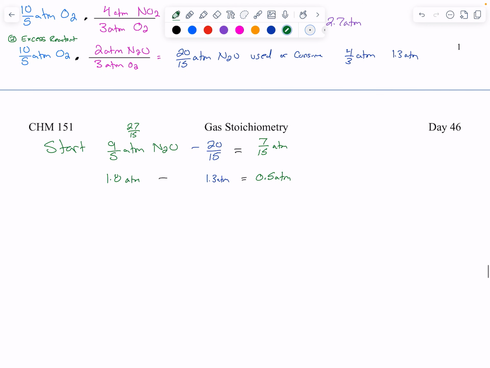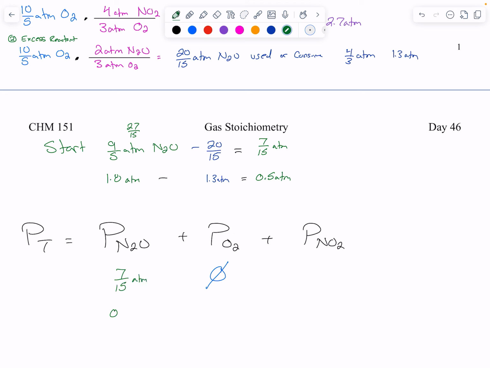All right, so now the total pressure. Right, our 3 species. We got O2 is 0 because it's the limiting reactant. We have either 7/15 atmospheres, or you might have had 0.5 atmospheres here for N2O. And our product, we had either 40/15 or we had 2.7.